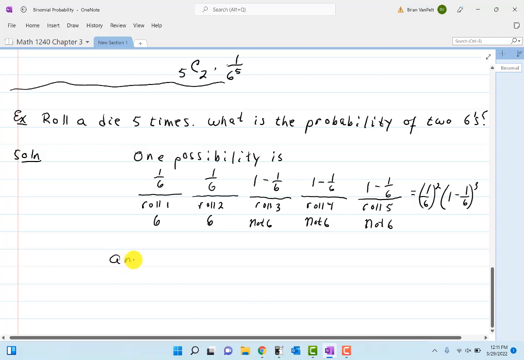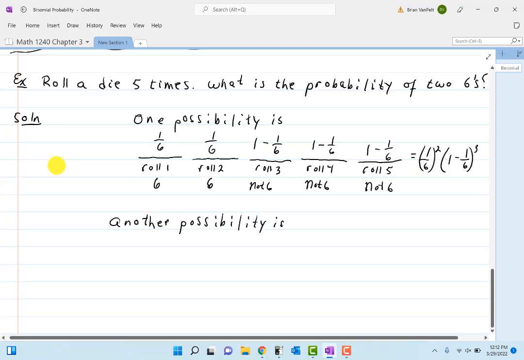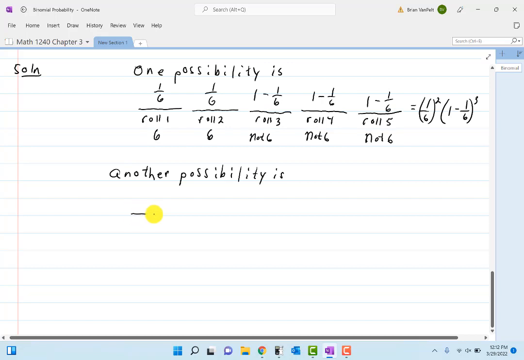Another possibility looks like this. So when I do my rolls, I'll have roll 1, roll 2, roll 3, roll 4, and roll 5. So here I could do a 6 on the first roll, and maybe I don't get a 6 until the 3rd roll.